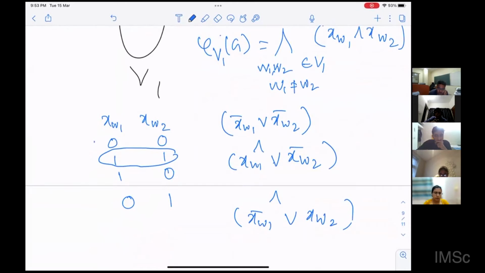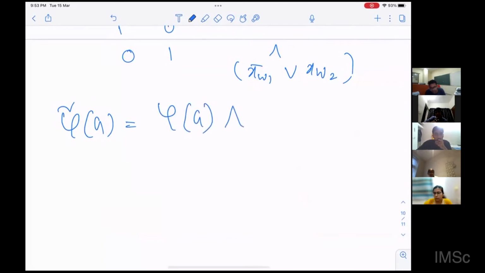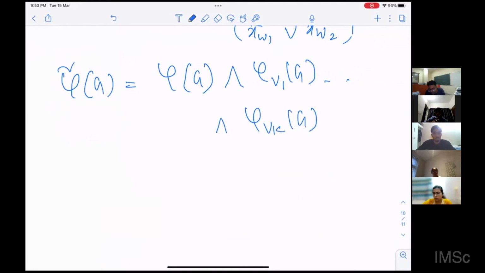Right? These clauses cannot be satisfied. Okay. So let's write down our new phi tilde of G. So I first do phi of G, then I do an AND for all the parts, so it is the AND of phi v1 of G dot dot dot and phi vk of G. This is what my phi tilde of G is.